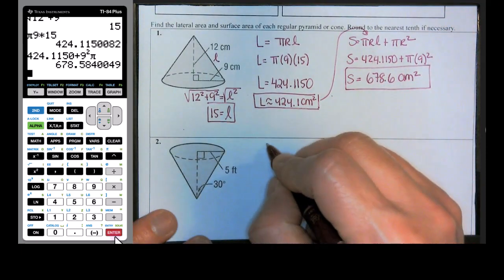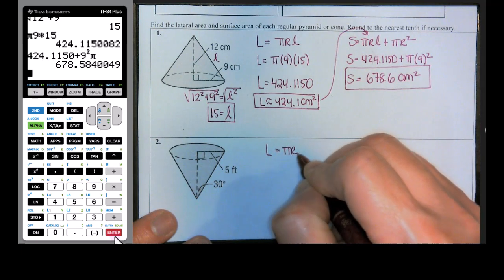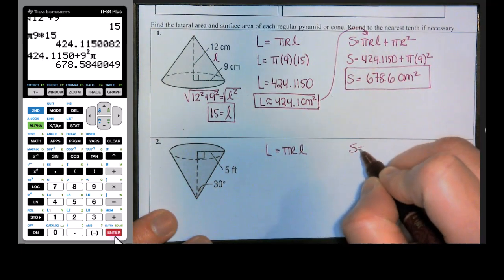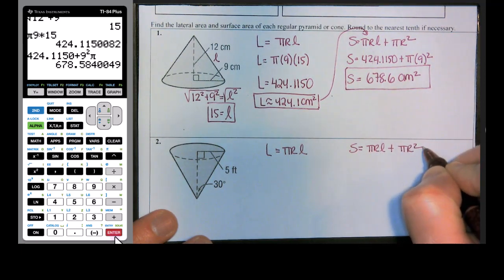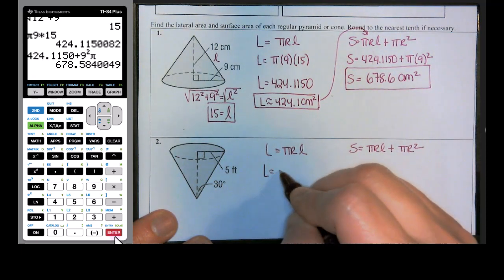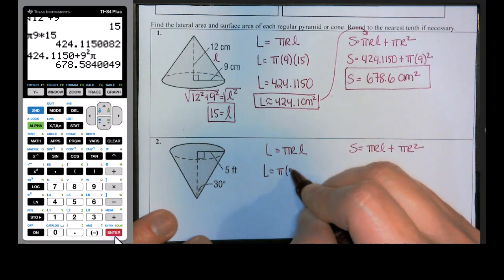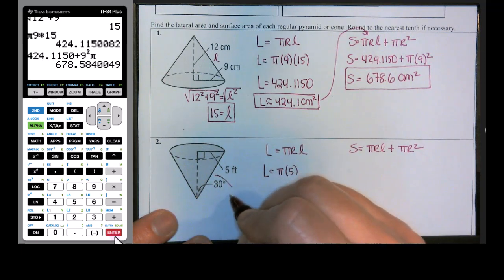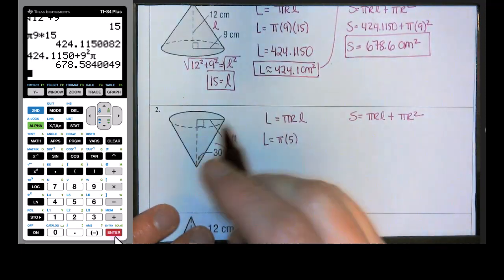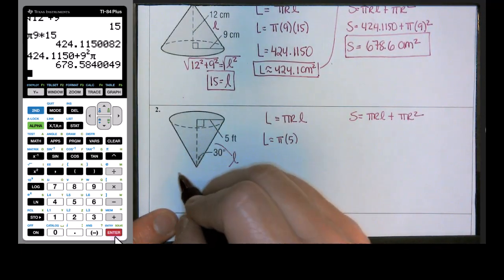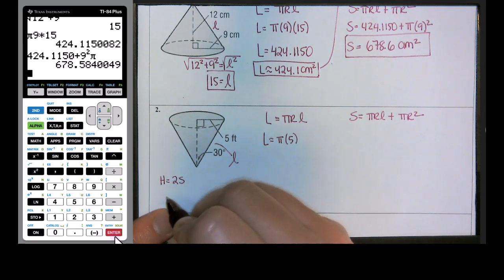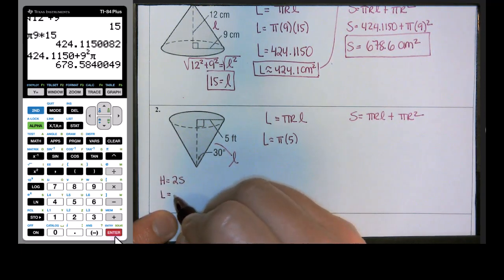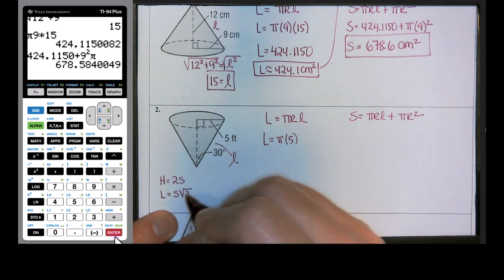The next one, again, we're going to do pi r l, and the surface area is pi r l plus pi r squared. We have the radius, which is 5. We do not have the slant height, which would be this one. Now, if you think about 30-60-90 triangles and the formulas, we know that the hypotenuse equals 2 times the small leg, and the long leg equals the small leg times square root of 3.